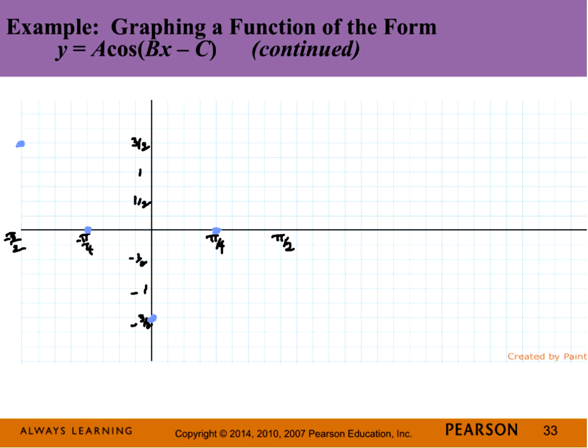And pi over 2, positive 3 halves. So we have this happening. And that's it. Y'all ready to move forward? We have one more graph and then our application problem to look at. Like I said, I apologize that this ran so long. There's just a lot to get through.